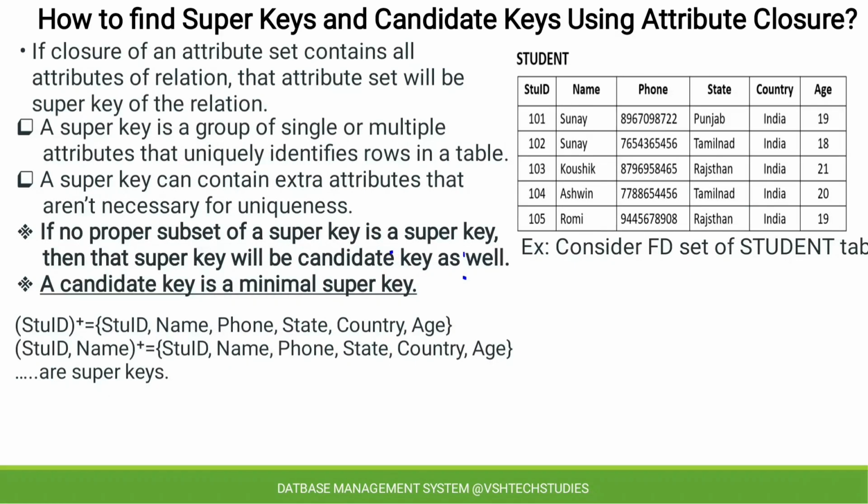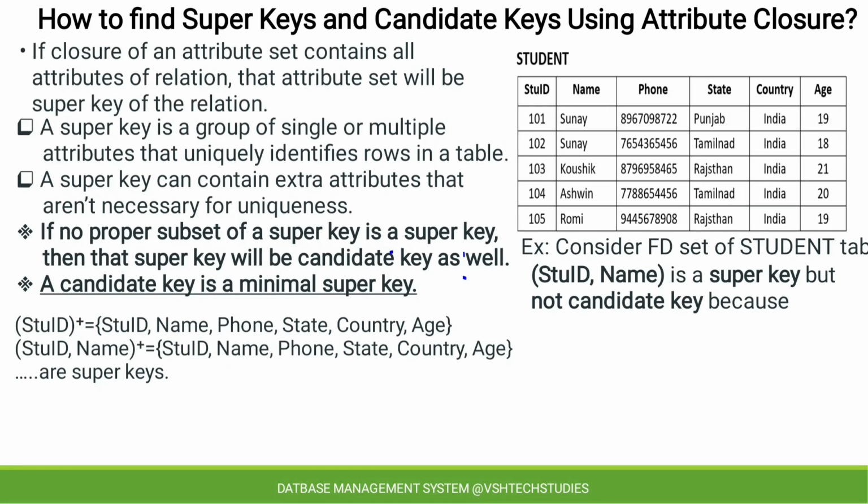With this, what we can say is, out of the functional dependency set, these are all functional dependency sets. So from the functional dependency set, if you take student ID comma name, this is a super key because it can identify any row uniquely in the table, using the values of student ID and name.